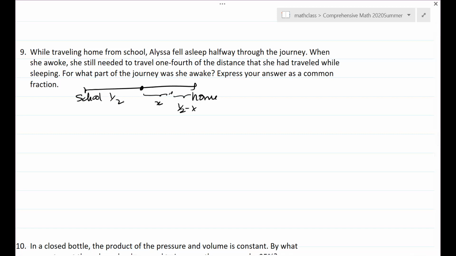You can name variables for other unknown quantities. So let's denote the distance when she was sleeping. So let's write down the equation.